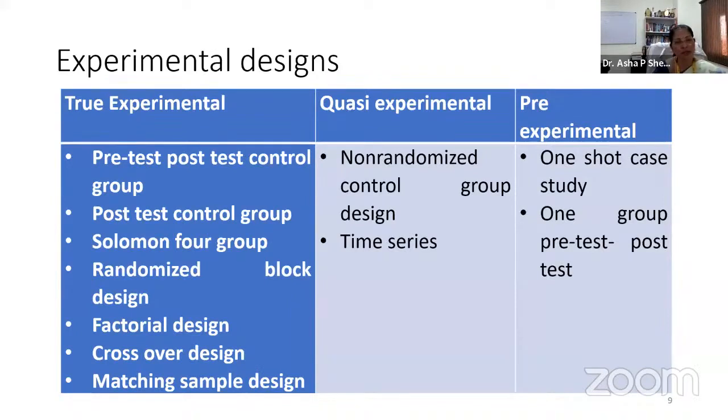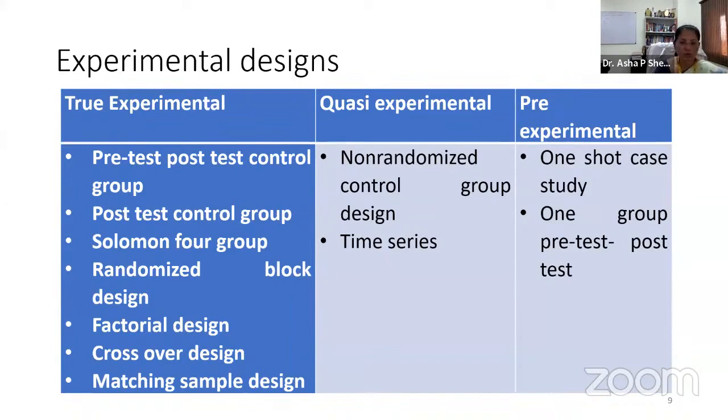The true experimental designs include the pre-test post-test control group design, the post-test only control group design, Solomon four group design, randomized block design, factorial designs, crossover designs, and the matching sample design. In the quasi-experimental study, we have the non-randomized control group design and the time series design. In the pre-experimental, we have the one-shot case study method and also the one group pre-test post-test, which is very commonly used, but is a very weak design.